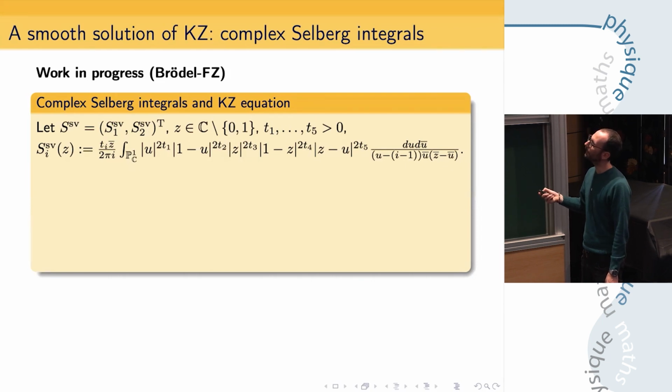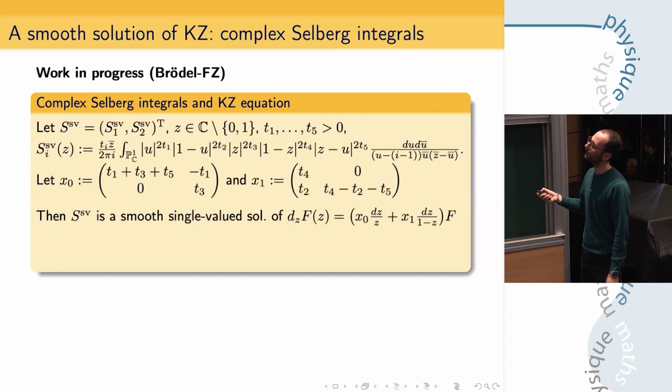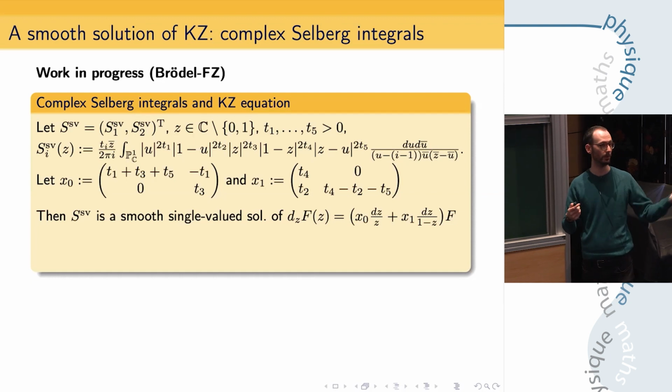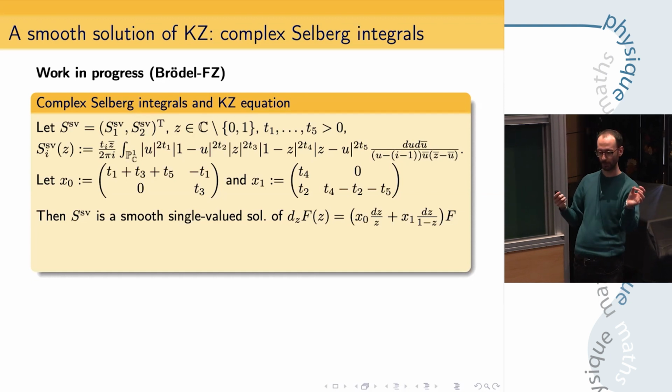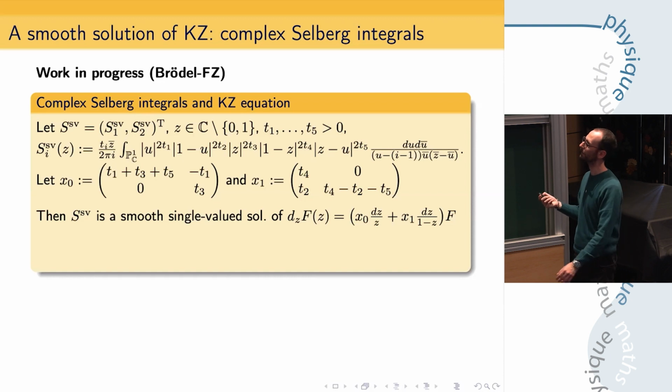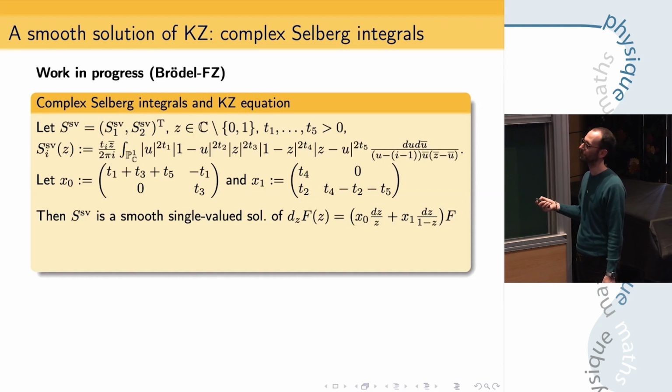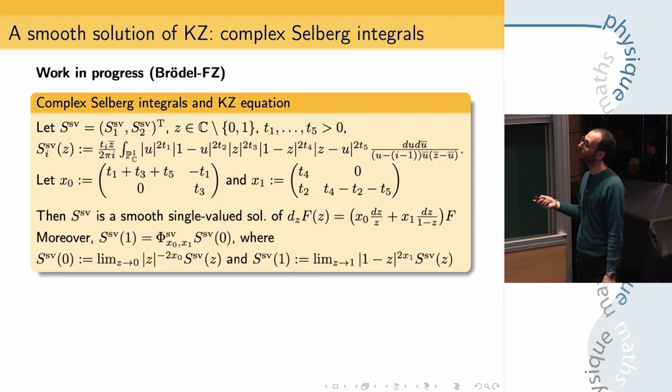And then you use the exact same x0 and x1, and that is something you expect from the theory of single-valued periods, that the rational numbers are mapped to the same rational numbers. And then this will be a single-valued, so real-valued, solution of the KZ equation with the same matrices.